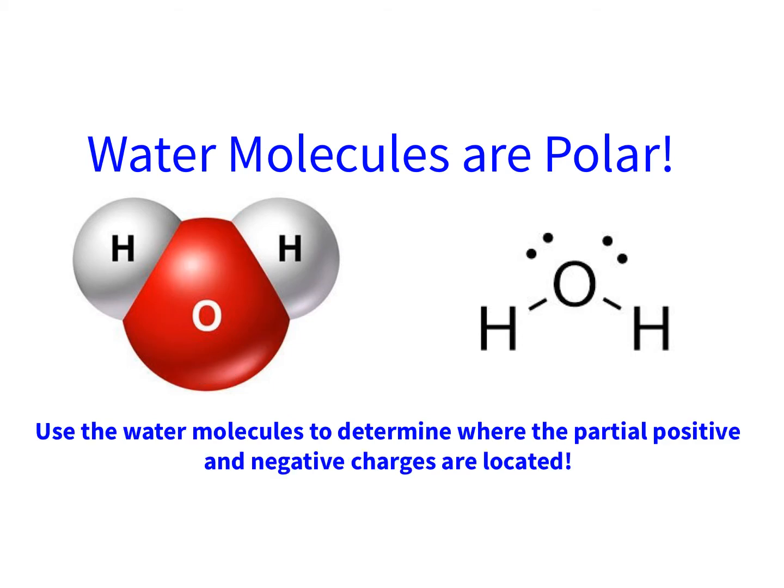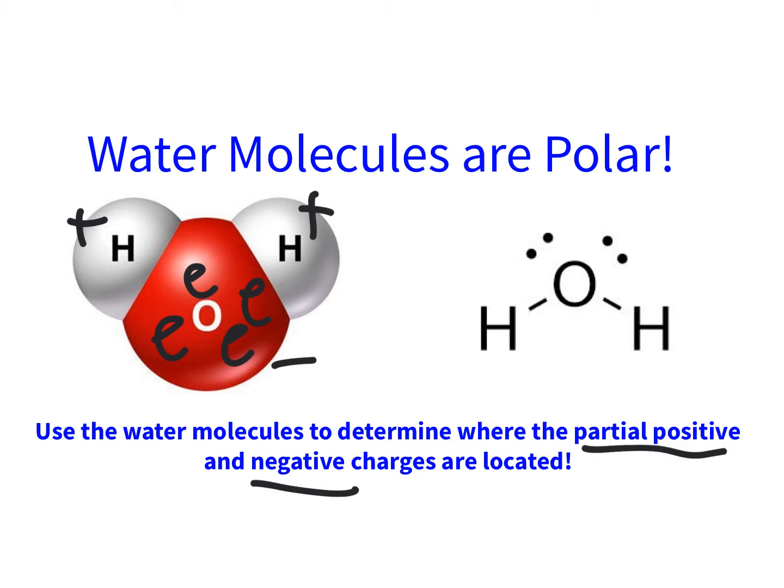So if our electrons like to spend more time around our oxygen, then that means our oxygen is going to have a partial negative charge, because the negative charges are more attracted to it, meaning that the hydrogens will have a partial positive charge, where the electrons are away from most of the time.